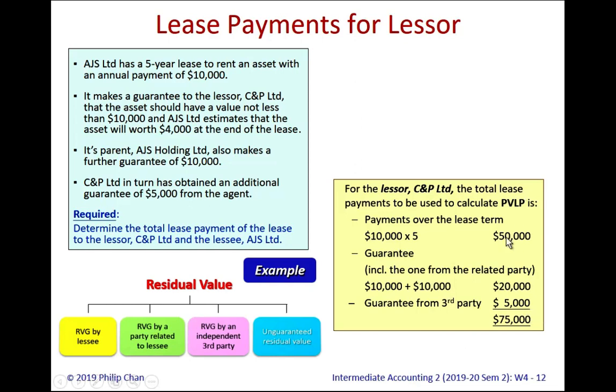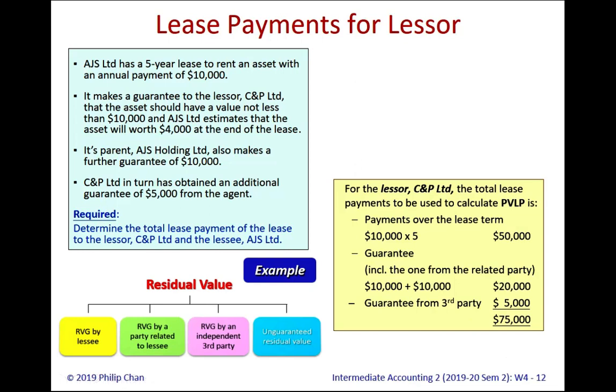So altogether, we have 75,000 for the total lease payment that can be used to determine PVLP. But remember, this number is the undiscounted total lease payment from the perspective of the lessor.